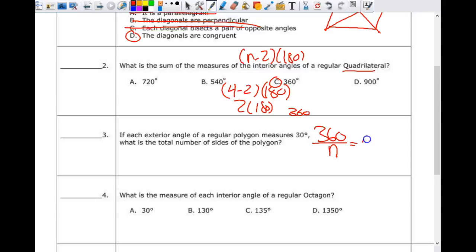We know they're 30. What you do is multiply both sides by n. This cancels out, and you get 360 is equal to 30 times n. Divide both sides by 30. This cancels out, and you get 12 is equal to n. So there's going to be 12 sides.